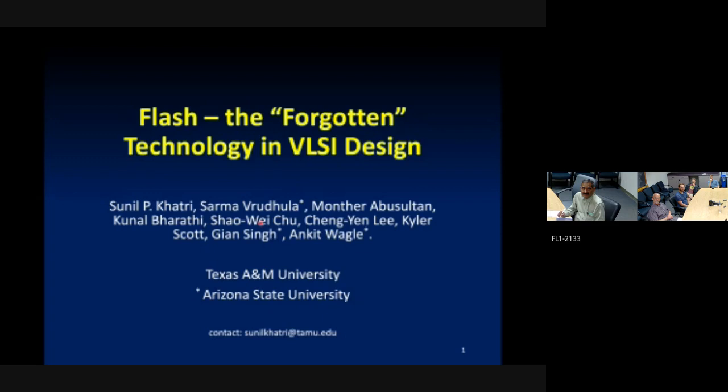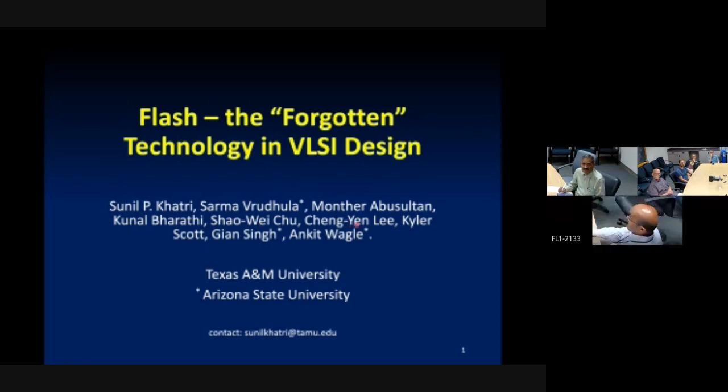Xiaowei, who's currently attending also, and he's done some of the secure Flash-based work. Zhengyan, who's done a lot of the analog Flash work, he's also attending in this meeting. And then Kyler Scott, who's done a bunch of other Flash work, he's probably not attending. And then Gyan Singh and Ankit, who are students of my colleague Sarma from Arizona State.